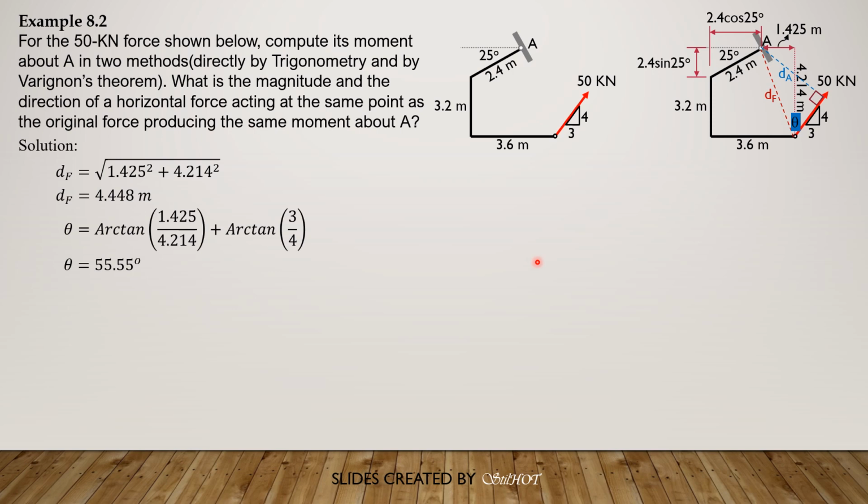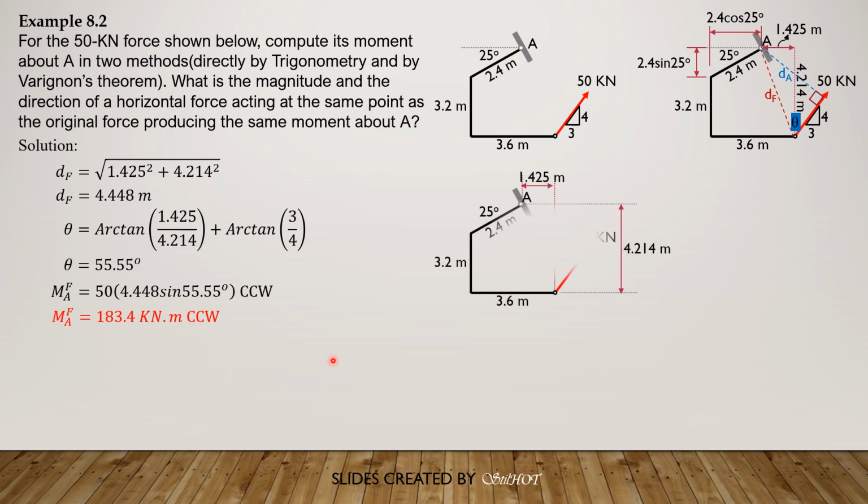So the direct moment therefore is counterclockwise. If you pull d sub A, it will rotate counterclockwise. So 50 times d sub A, and d sub A is 4.448 sine of 55.55 degrees. And the sense is counterclockwise: 183.4 kilonewton meter counterclockwise.